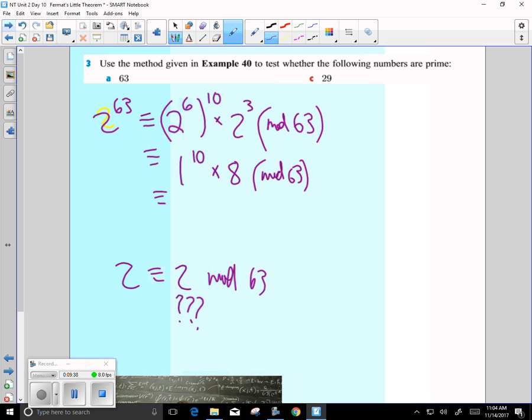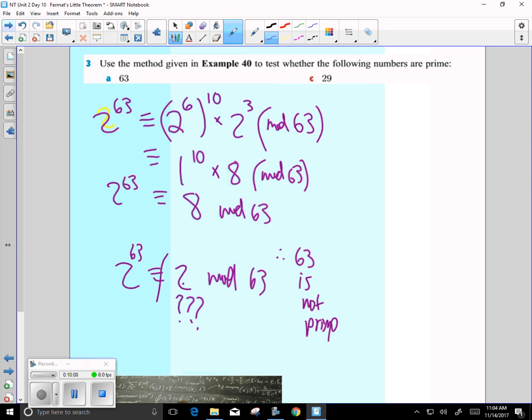So 2 to the 63 is congruent to 8 mod 63. Is this prime? 63 is not prime because 2 to the 63rd is not congruent to 2 mod 63. 8 is not the same as 2. Therefore, 63 is not prime.